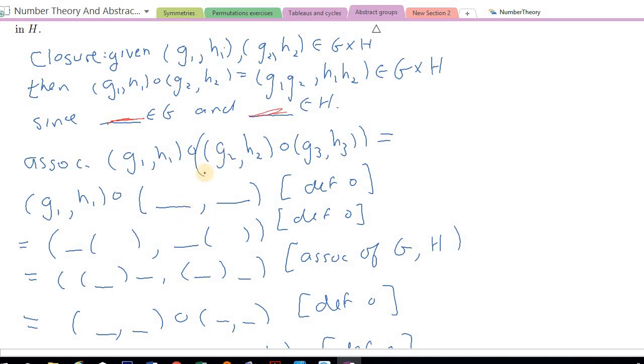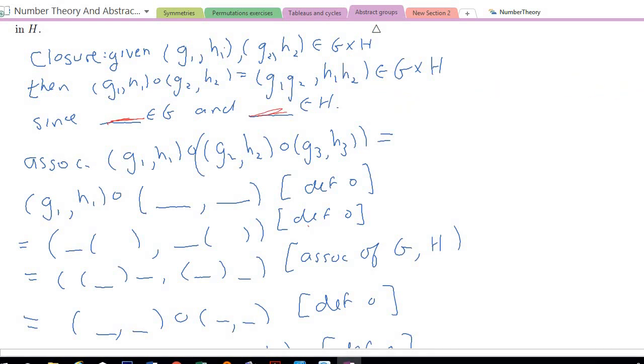For instance, this step here and this step you could put on one line, and you could put the next two steps on one line. But you can see that pretty much the justifications you're using are the definition of the group operation and the associativity of G and H. So that's the strategy to prove that a product of groups is a group: you break it down to the properties of the individual groups that form the product.